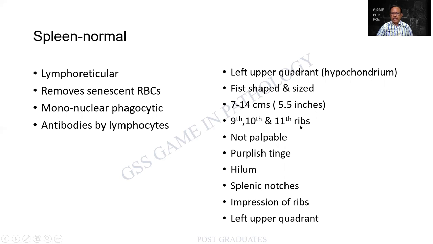These cover the spleen. Normally it is not palpable, and it has a purplish tinge as I explained. The hilum is a point of entry and exit. Splenic notches can be seen and also the impression of the ridges. Location is the left upper outer quadrant.